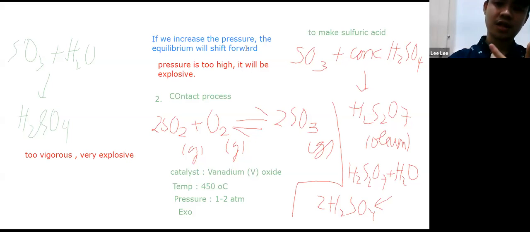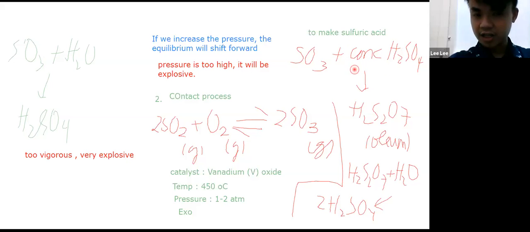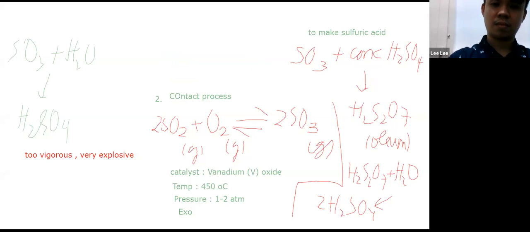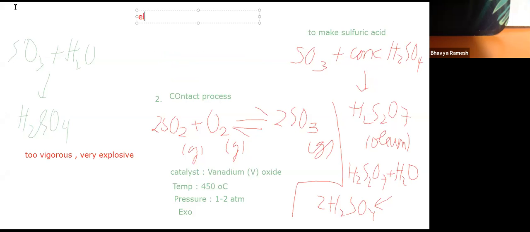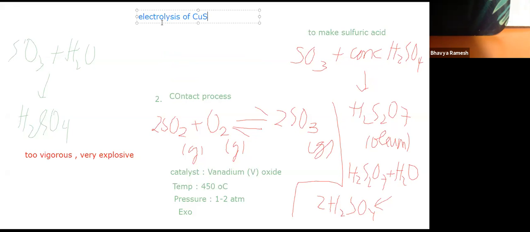Now, the reaction that I need to explain is, just now I said you want to make sulfuric acid, but I said you need a concentrated sulfuric acid. How can that make sense? How can I make sulfuric acid using sulfuric acid? That is the question. You learned about electrolysis already, right? So let's say I have a salt. I'm using electrolysis of CuSO4 aqueous.